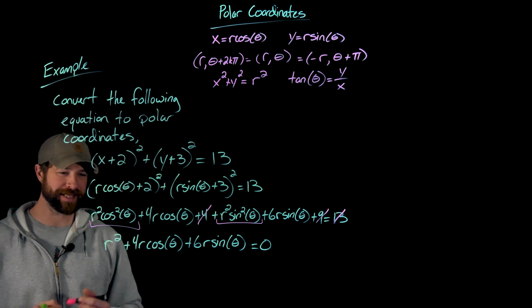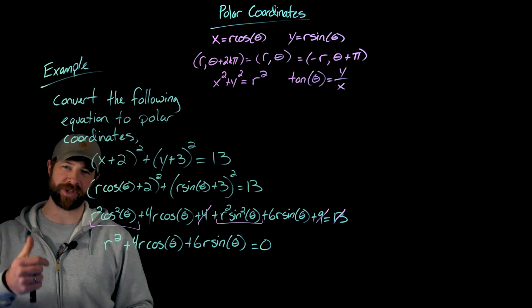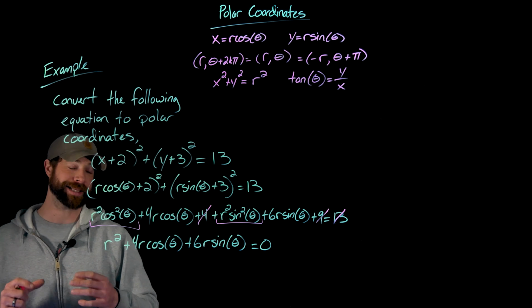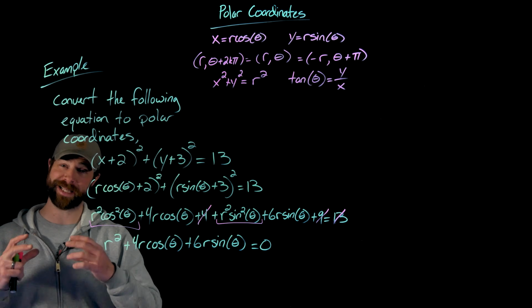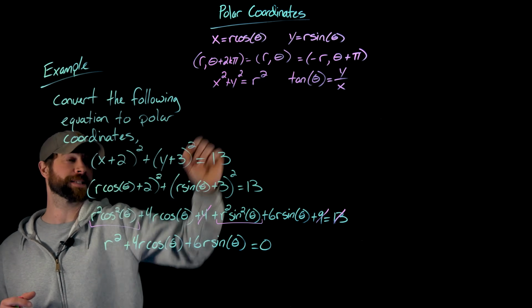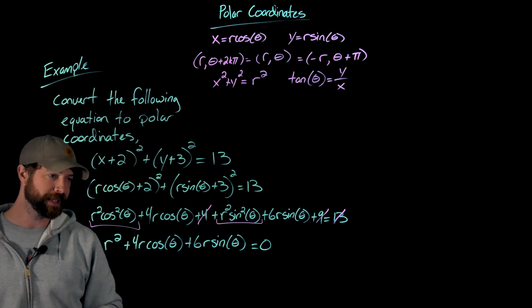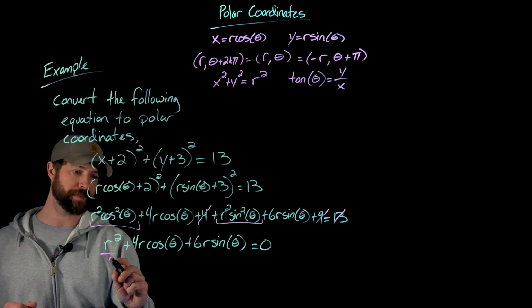Then this next step is actually just the opposite of what I did to start the last problem. If you remember, I had this r equals 8 cosine theta, and I said, well, I want to get some r squareds in there and get the r cosine to input this information right here. I'm going to do the opposite now. What I'm going to do is divide both sides of this equation by r.